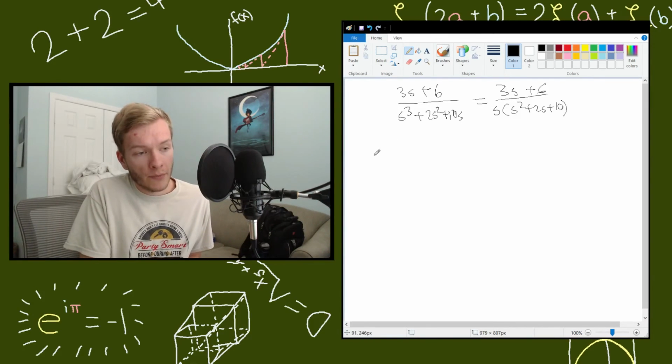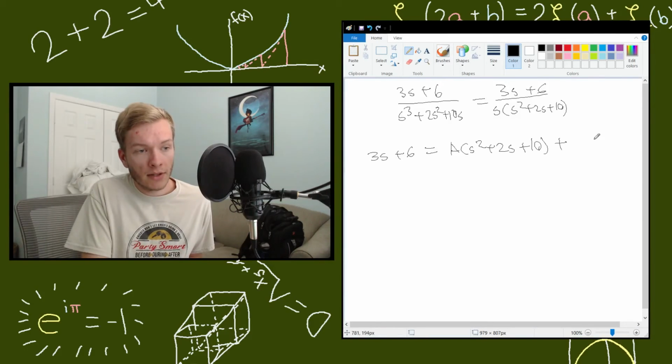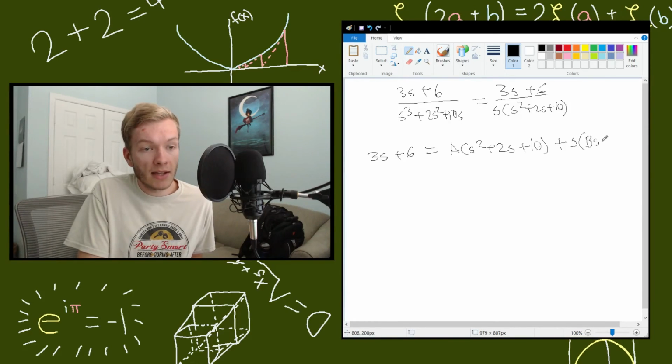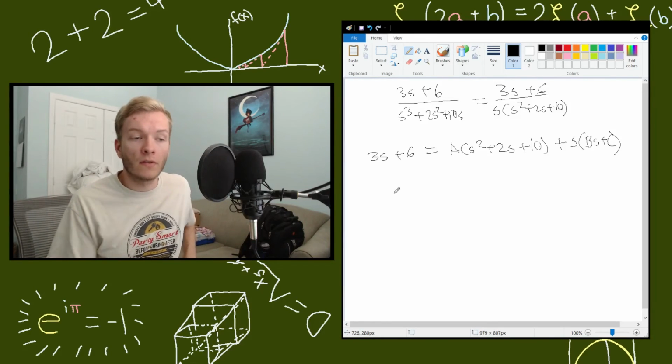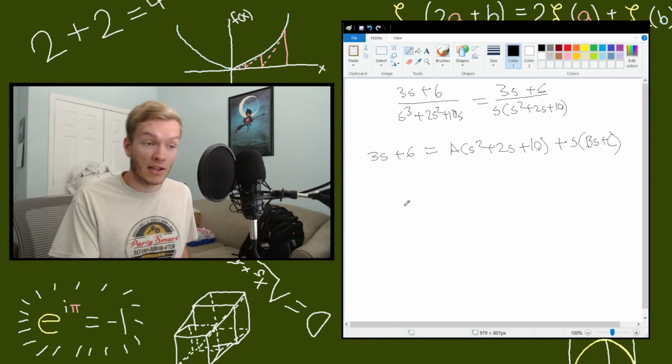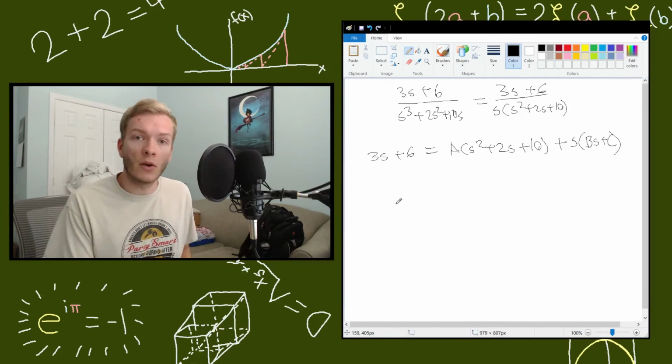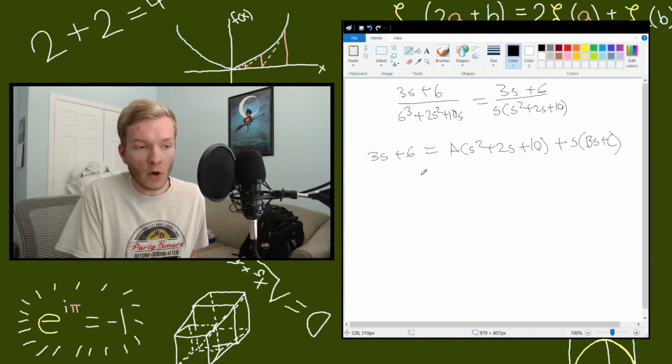So our 3s plus 6 is equal to a times our s squared plus 2s plus 10, plus our s times bs plus c. So let's go the final route of solving this, and hopefully we will get to the correct answer this time. The final route of doing this is, like I said, to equate all of the powers.